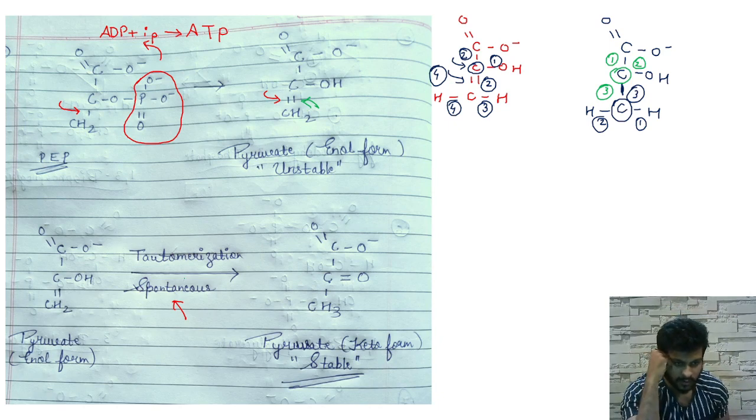After tautomerization, you will get this keto form. Okay. In this, now you will say that there is only a single bond over here.